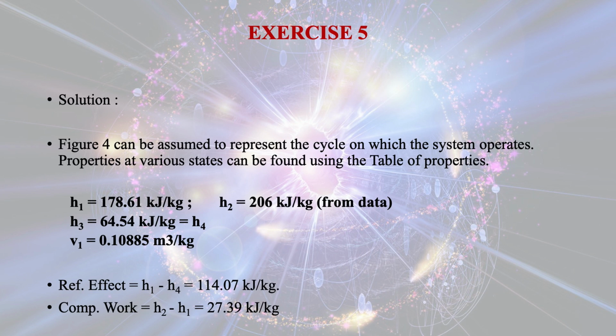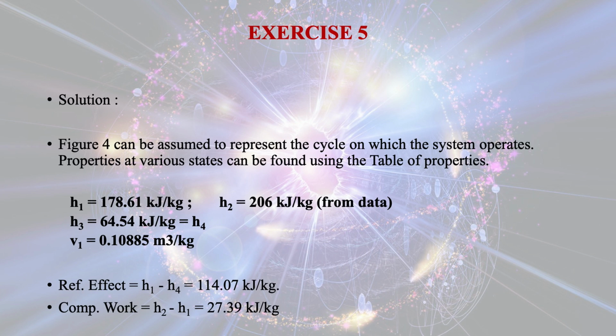Properties at various states can be found using the table of properties. H1 is equal to 178.61 kJ per kg. H2 is given, that is equal to 206 kJ per kg. H3 is equal to H4 equal to 64.54 kJ per kg.